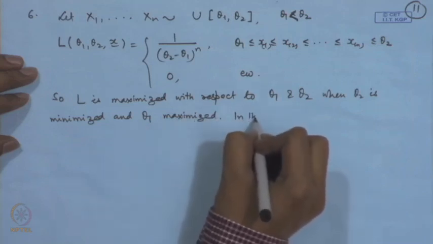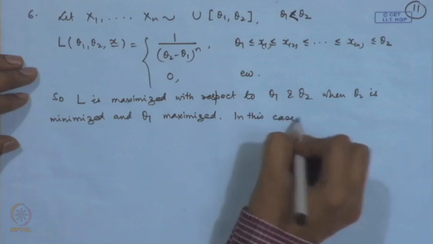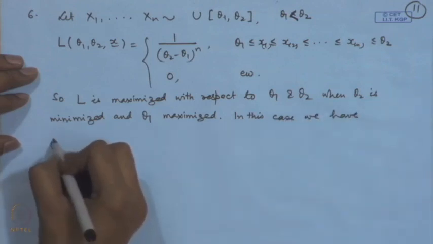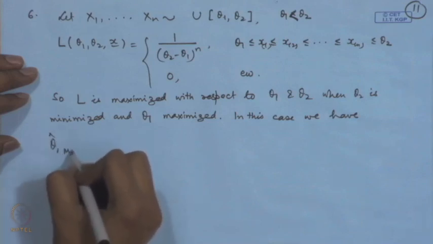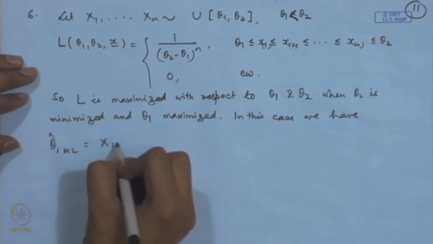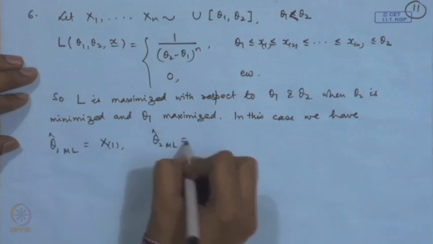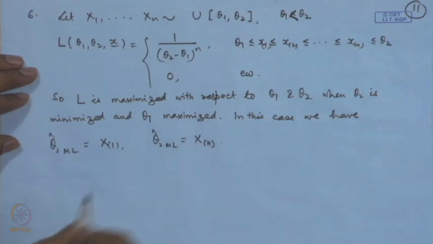So, in this case theta 1 hat ML is equal to the minimum of the observations and theta 2 hat ML is equal to the maximum of the observations.